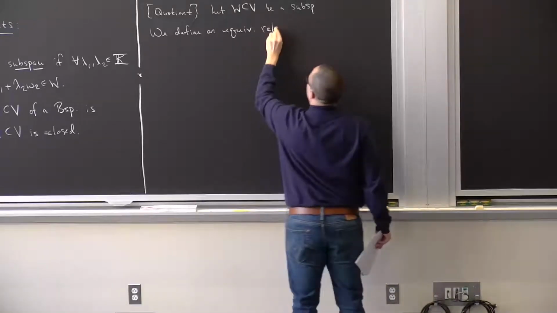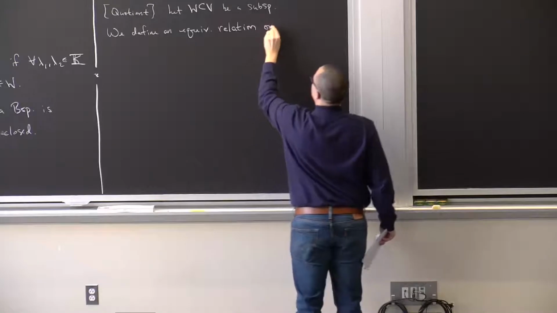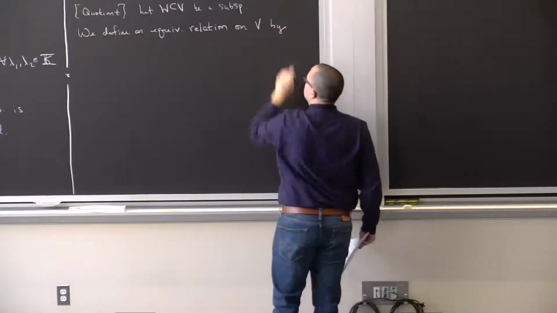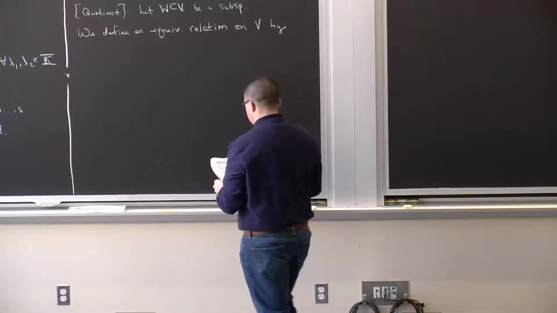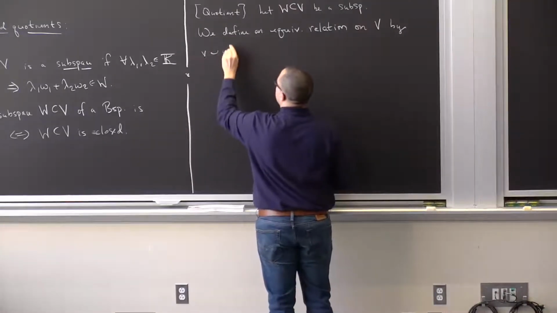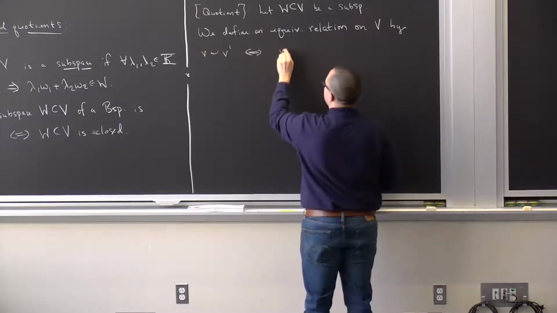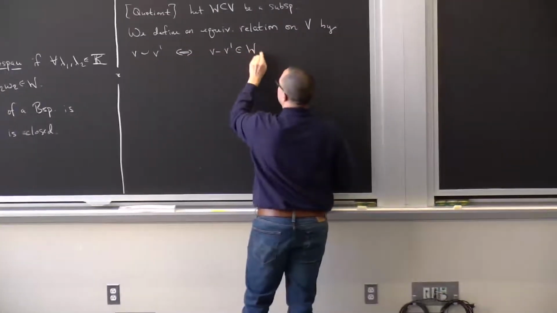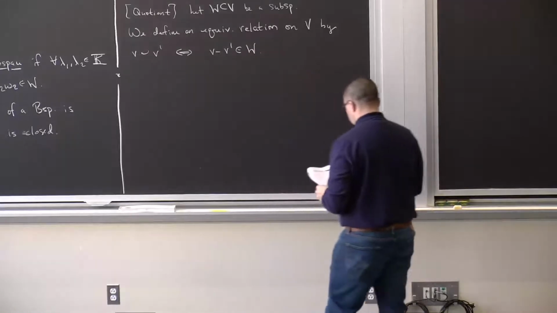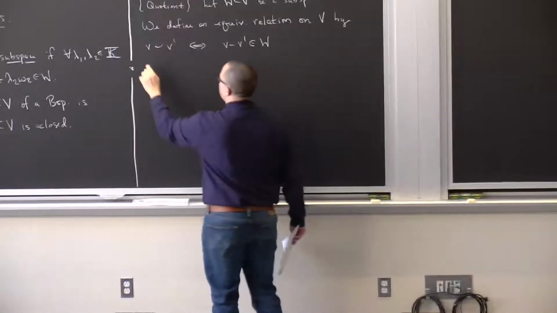We define an equivalence relation on V by saying that V is related to V prime if and only if V minus V prime is in W. Okay? Now, what do I mean by equivalence relation?